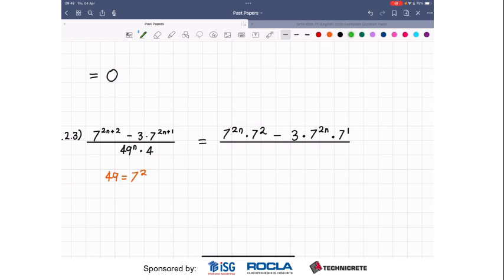And then I'm raising the 7 squared to the n. And when I raise an exponent to another exponent, that just means that I'm going to multiply these two. So that means that at the bottom, instead of 49, I'm going to have 7 to the 2n, and then my 4 is going to stay the same.